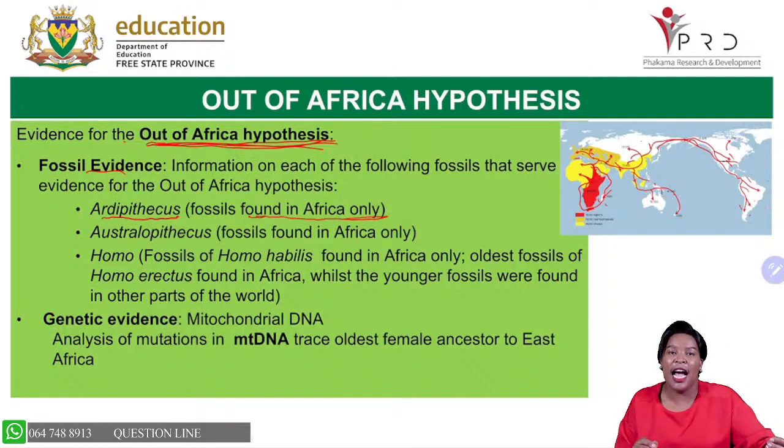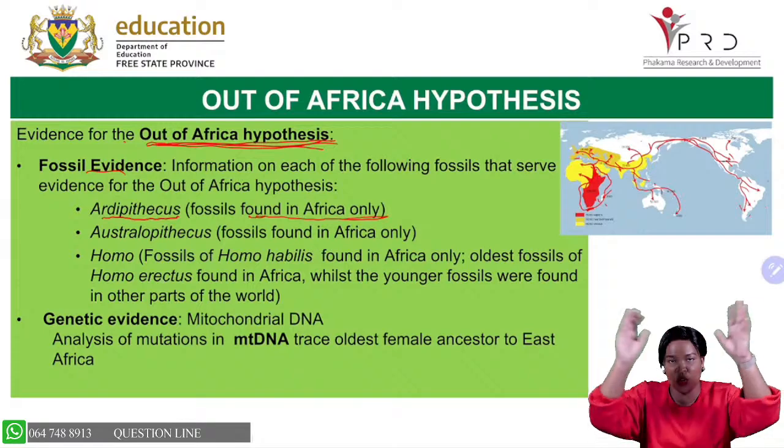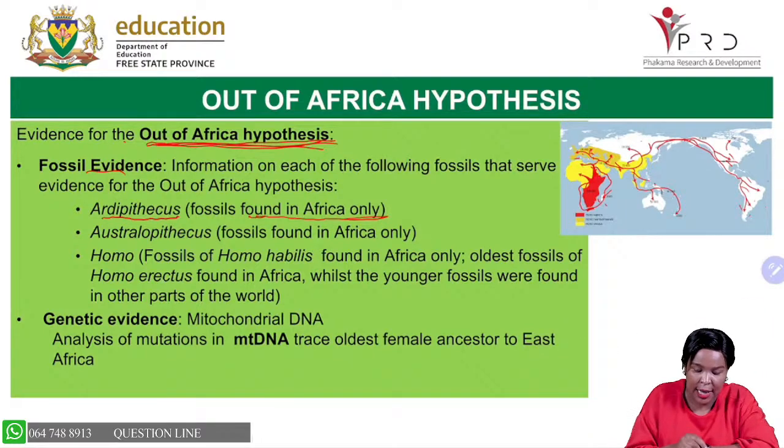If you can remember, the Ardipithecus are the oldest ancestor of the hominid species. So if you find the eldest ancestor only in Africa, that can tell you that from the ancestor, everything originated there in Africa and therefore spread to all other parts of the world. This is the first reason or the first evidence.